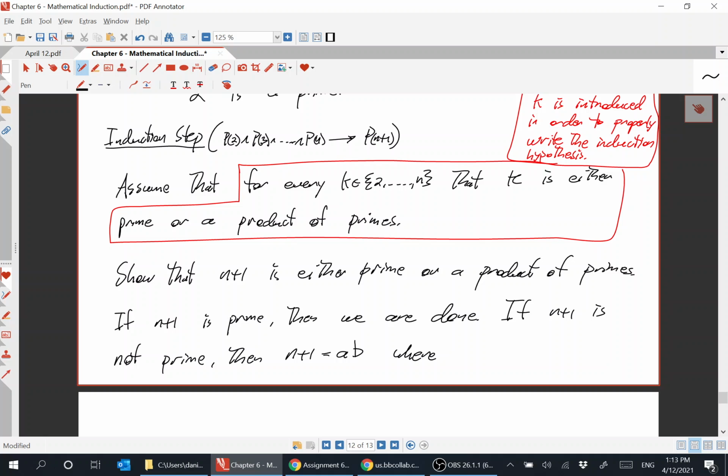So you can break it up into a product of that divisor and the stuff that's left over, the quotient. And where do that divisor and quotient lie? Where are A and B? Can they be bigger than n plus 1? No, they have to be less than n plus 1. They have to be in this set, nor can they be 1. They have to be between 2 and n.